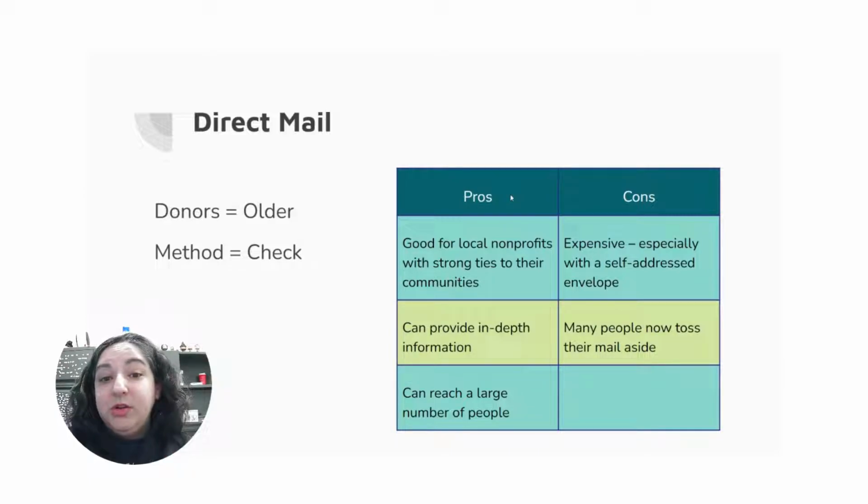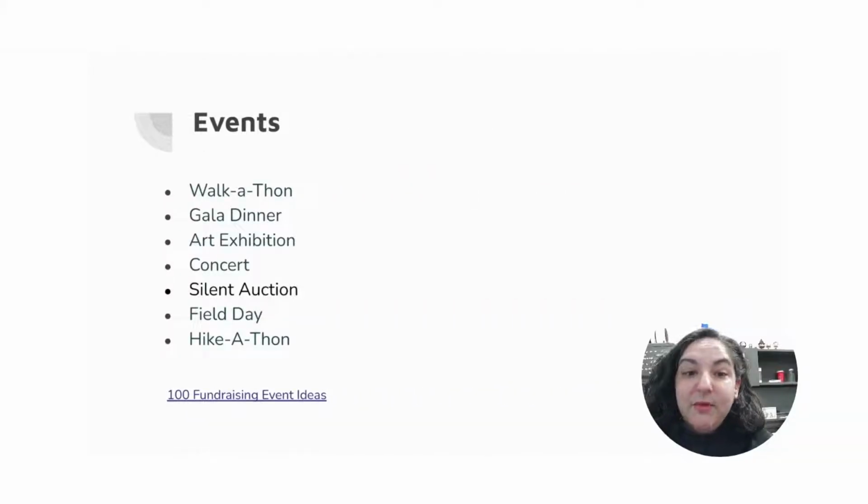So you'll probably include a self-addressed envelope. And maybe not all of those envelopes are going to return to you. So you really have to figure out if the cost is worth it based on the types of donors that you have. Again, if you have a really good connection with your community, this can be a great way to reach out to folks. The next type of fundraising we're going to talk about are events.